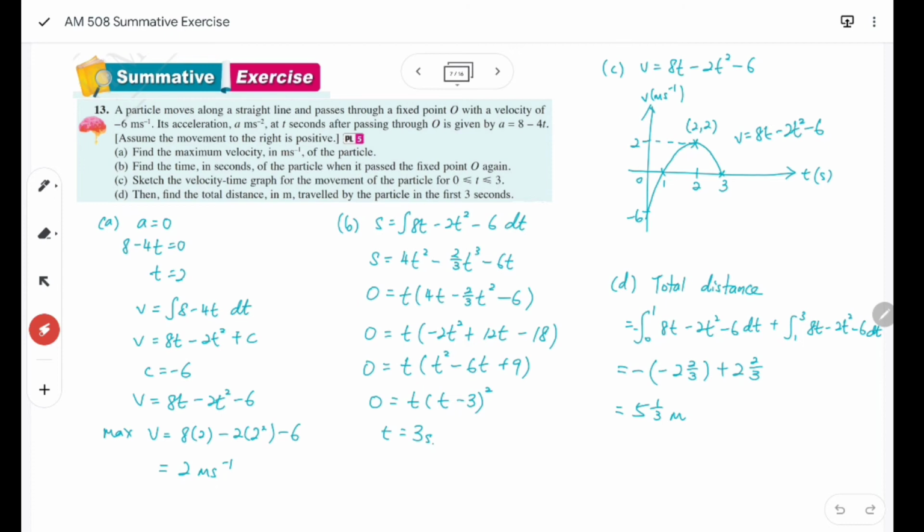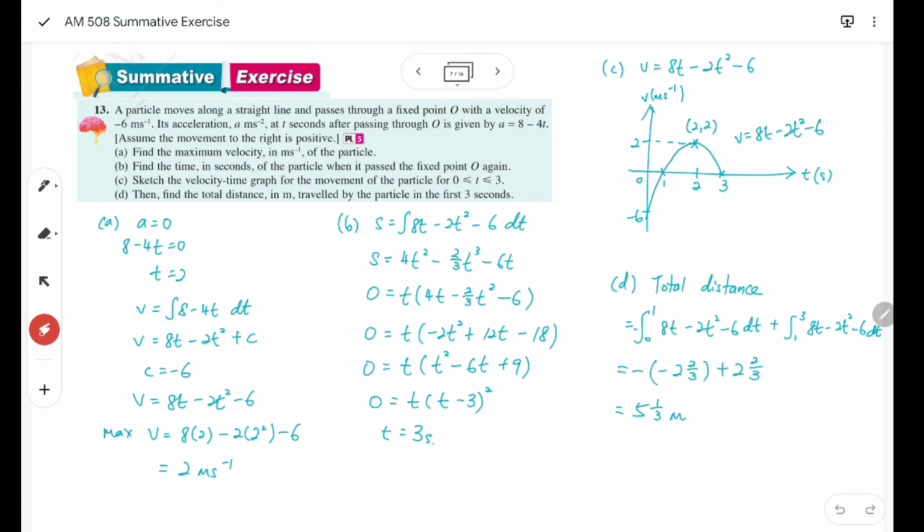Okay, so we need the movement from 0 to 3. I know I have maximum velocity in the middle of 1 and 3. It happens when t equals 2, right? So we will get a graph with 2 here, starting from negative 6, going up to 2 and then coming down to 0.